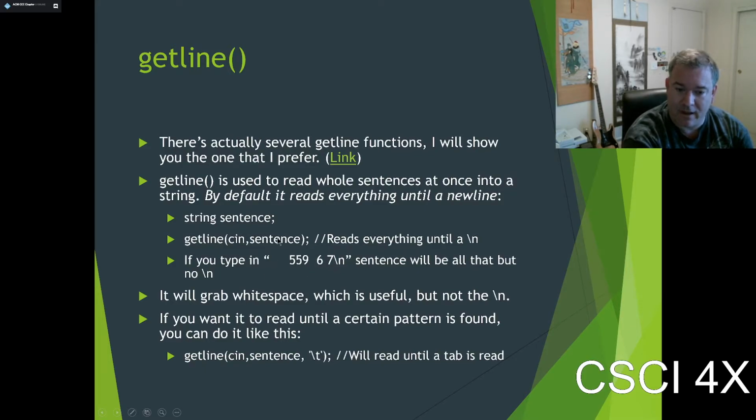All of that will be copied into sentence except for the new line. So leading white space is not discarded. All of it gets sucked up. And the 559 and the spaces, all of that gets stuffed into sentence. However, the trailing new line is discarded.